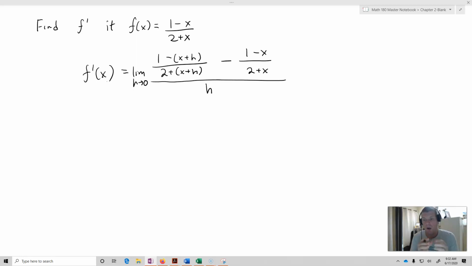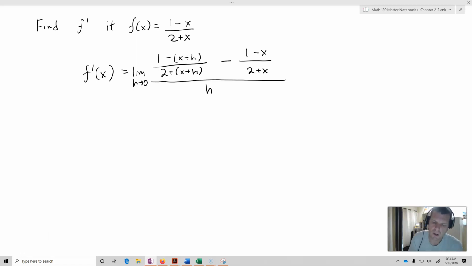So this is a rational function, and we're dividing two rational functions, basically. If you remember what we've got to do there, we've got to find a common denominator and combine the terms on the top so that then we can divide by h.